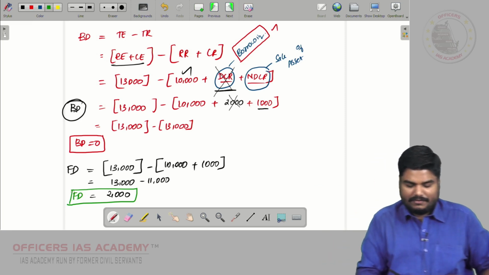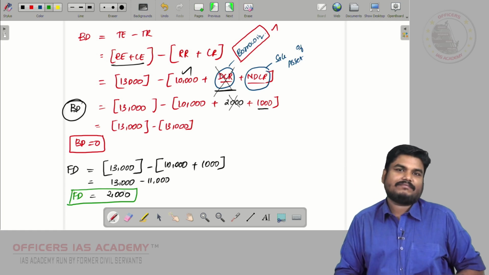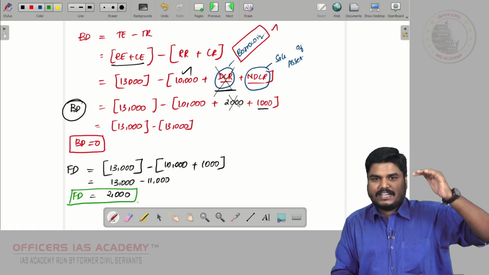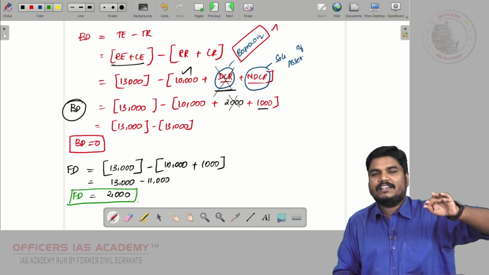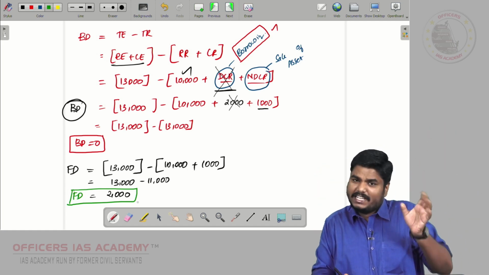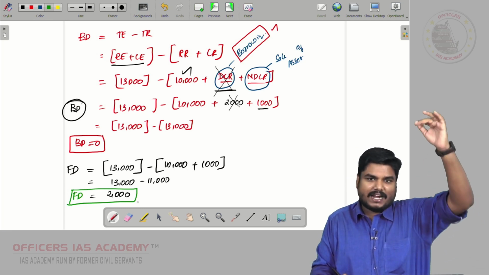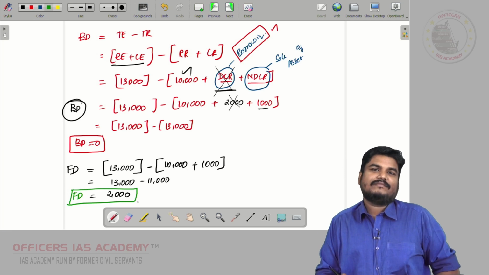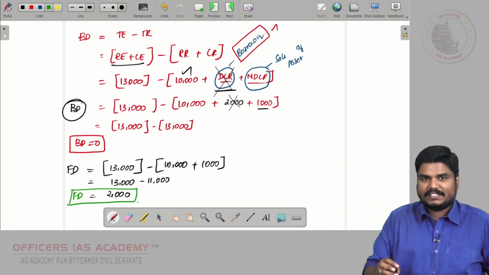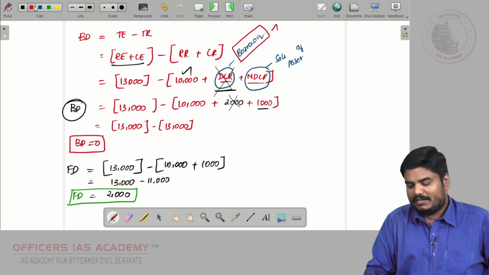Right? So fiscal deficit will clearly highlight your shortage, the shortage which you will adjust through borrowings. So fiscal deficit can also be defined as nothing but the total borrowing made.